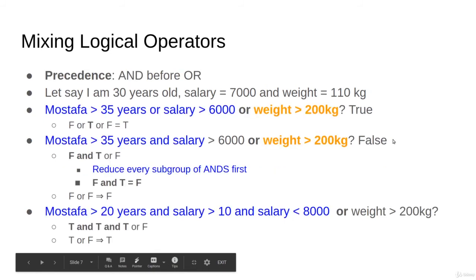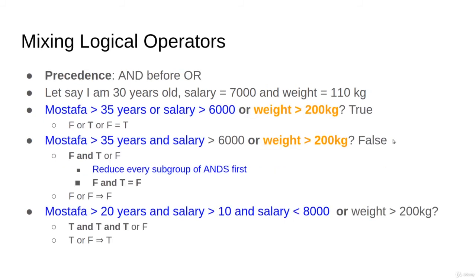So what if we have a mix of AND and OR? How do we, as humans, do it? Like let's say Mustafa greater than 35, or salary greater than 6,000, or weight greater than 200. This is the previous case, false or true or false, this is true. But now what about false and true or false? We as humans mainly try to group the ANDs together first.